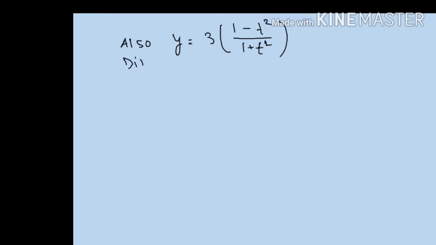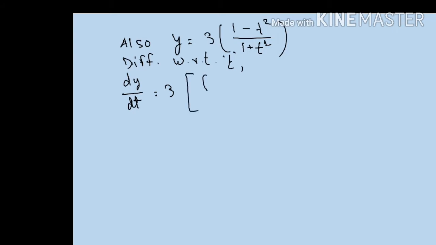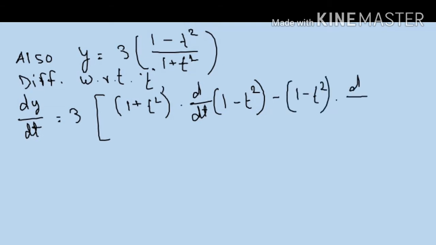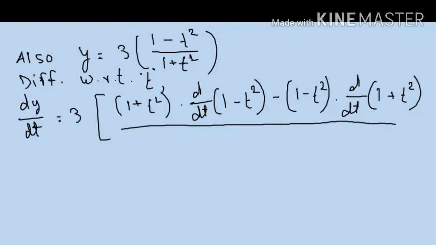So differentiating with respect to t, dy by dt is equal to 3 times (1 plus t square) d dt of (1 minus t square) minus (1 minus t square) into d dt of (1 plus t square) upon (1 plus t square) the whole square.